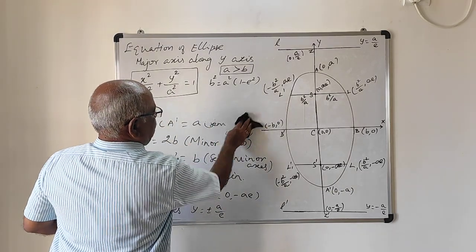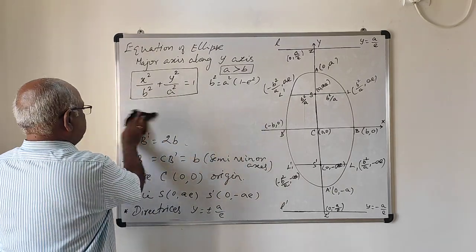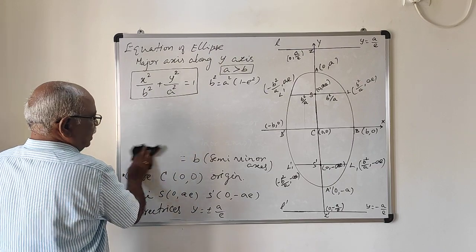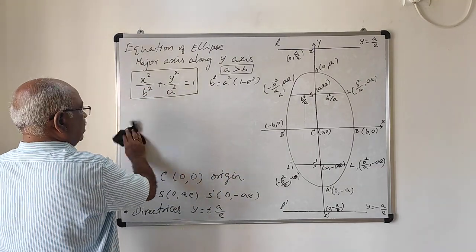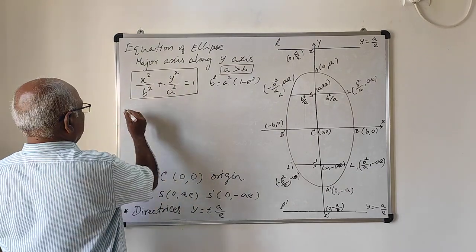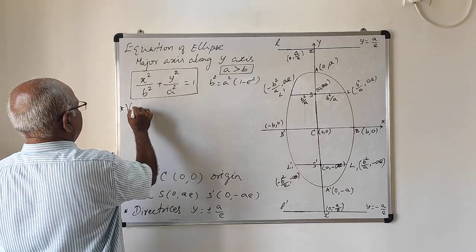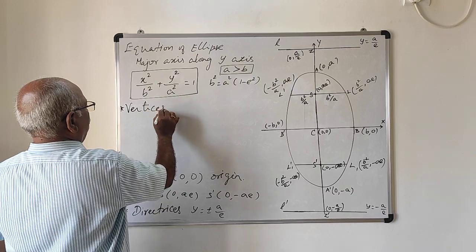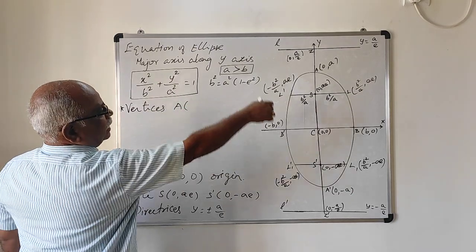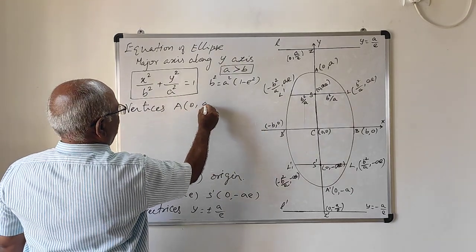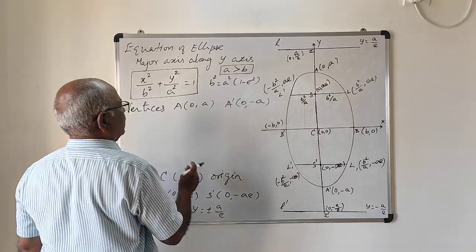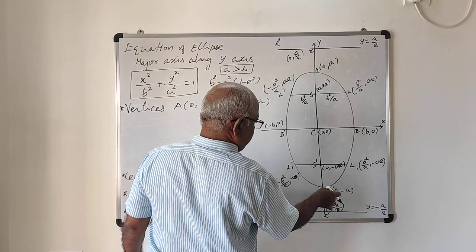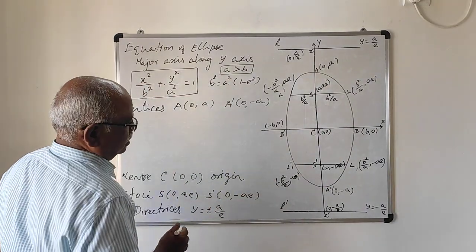The major axis you have seen, the minor axis, and the center. Vertices you know. Vertices of the ellipse: A is (0, a) along the y-axis, and A' is (0, minus a). These are the vertices.